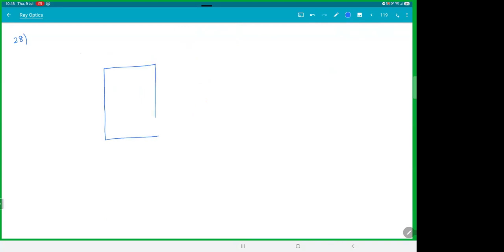Let's say we got a slab, x is equal to 0, x is equal to L. This slab has a variable refractive index, mu is equal to 1 plus x by L. So the refractive index is changing from 1 to 2. Object and the observer.